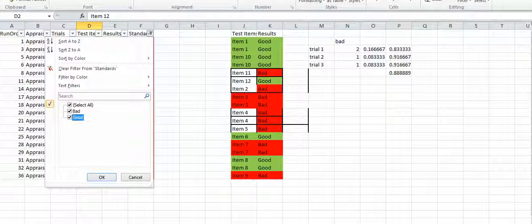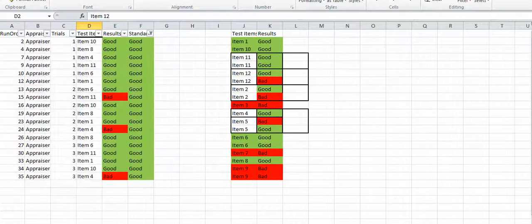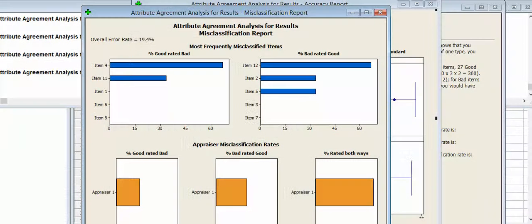Let's change this to good, and we can see item number 11. Item number 4 was called wrong twice, and item number 11 only 1 time. So this is what Minitab is saying. We have item 11, we have an error of 33%, meaning that we missed 1 out of 3, and for item number 4 we missed twice out of 3.